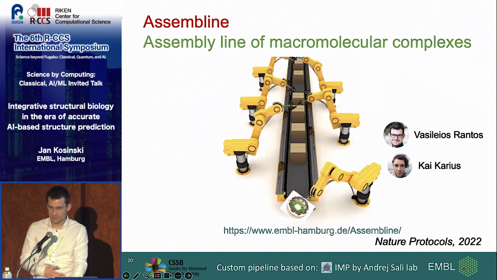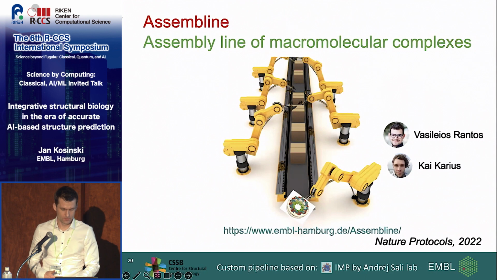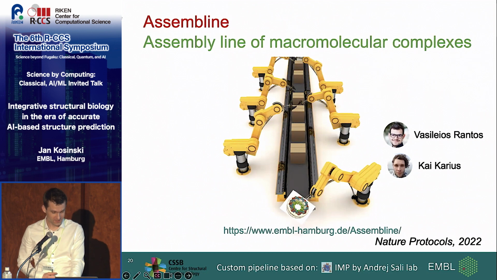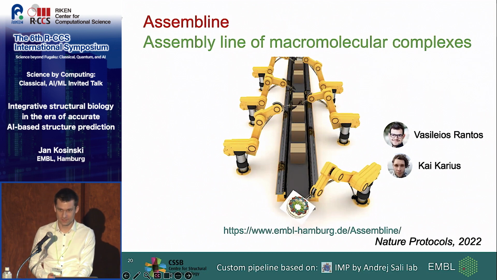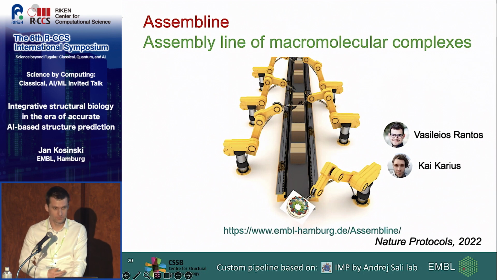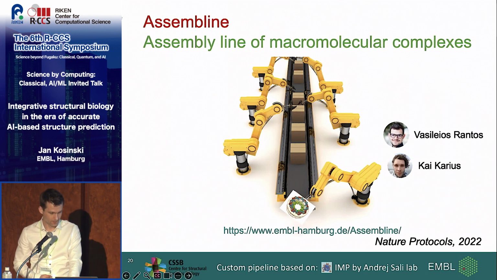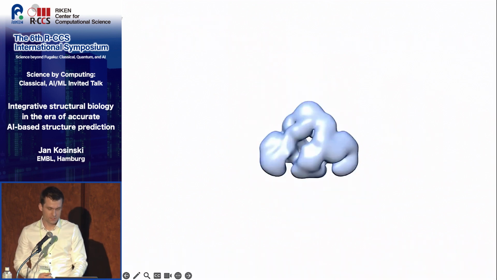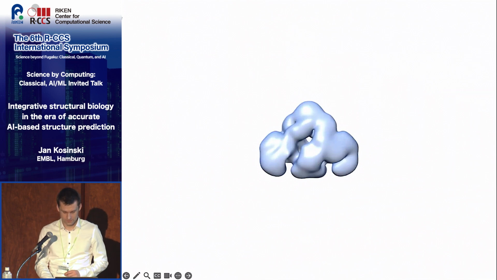And to model that complex, I started developing at the time my own modeling pipeline, which I called Assembline, because it's an assembly line of macromolecular complexes, which we finished and published recently, and which is a pipeline based on a modeling library called Integrative Modeling Platform developed by Andrej Sali at UCSF. How it more or less works: it usually starts with an electron microscopy map like this one.